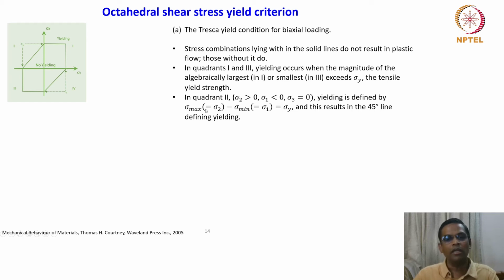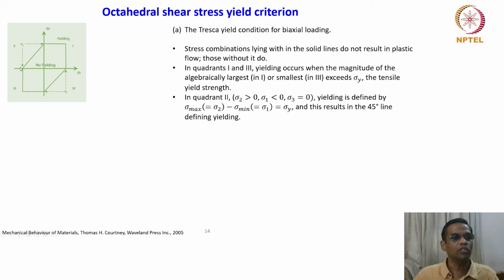Yielding is defined by sigma max, that is nothing but sigma 2, minus sigma minimum, that is sigma 1, is equal to yield strength. So sigma max minus sigma minimum is equal to yield strength, and this results in the 45-degree line defining the yielding.